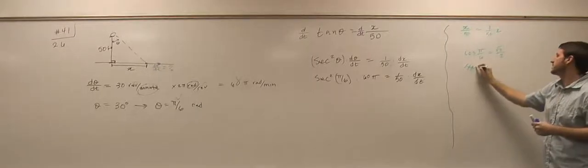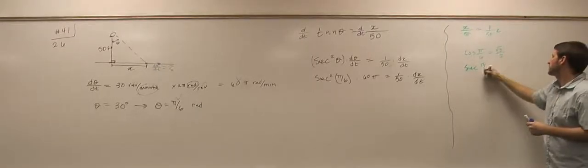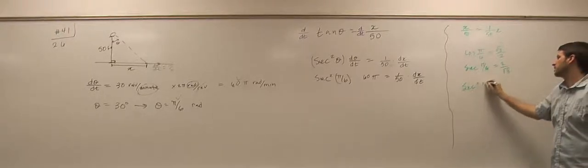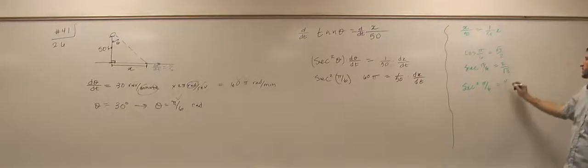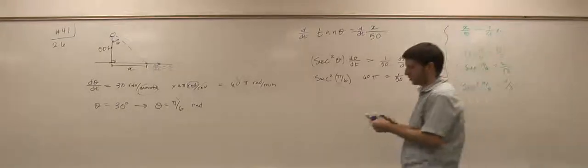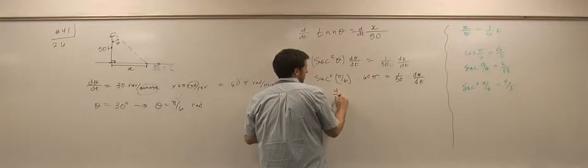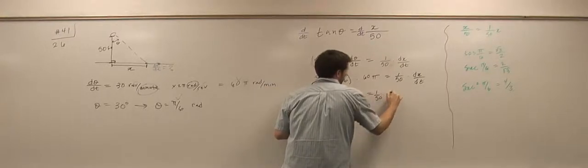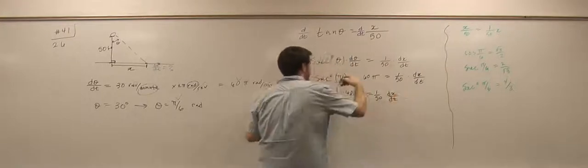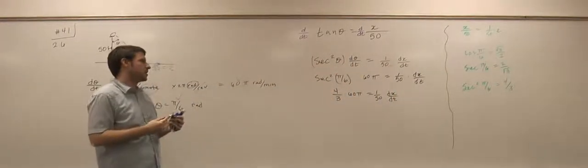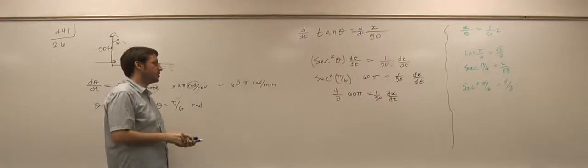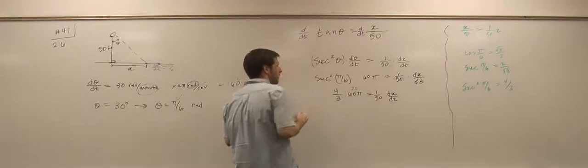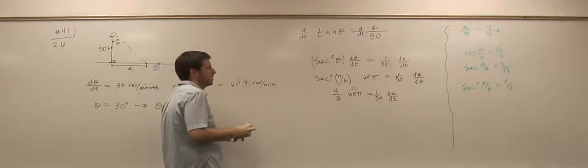Because this tells me that secant of π/6 is 2 over root 3, so secant squared π/6 is 4 over 3, square top, square bottom. Plug it in. Secant squared is 4/3. Reduce what you can. 3 and 60, that leaves you with 20π times 4.